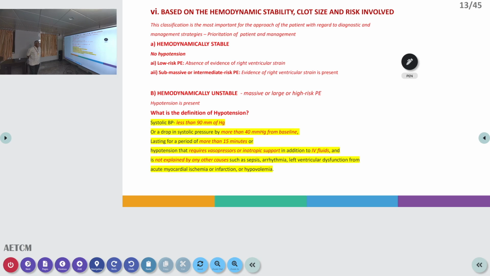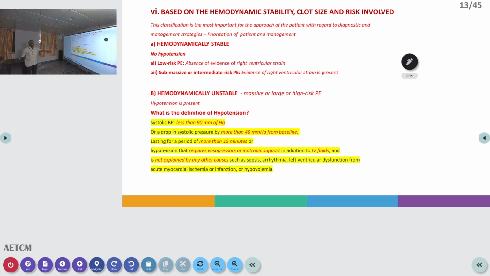For correction, apart from IV fluids, it may require vasopressors or inotropic support. And the most important last factor is that this fall in BP is not explained by any other cause, such as sepsis, arrhythmia, left ventricular dysfunction from acute myocardial ischemia or infarction, or hypovolemia.